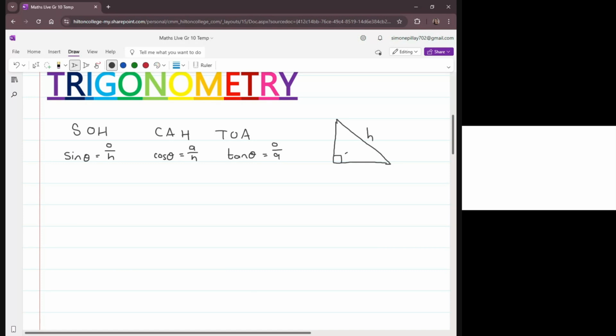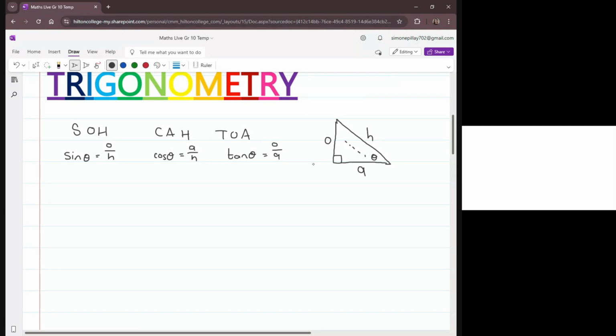Then we have theta, our reference angle, which tells us which side is my opposite and which is my adjacent. My opposite side is the side opposite this reference angle, and the adjacent is the last side. So in a triangle, you can calculate missing lengths or angles using these trig ratios.